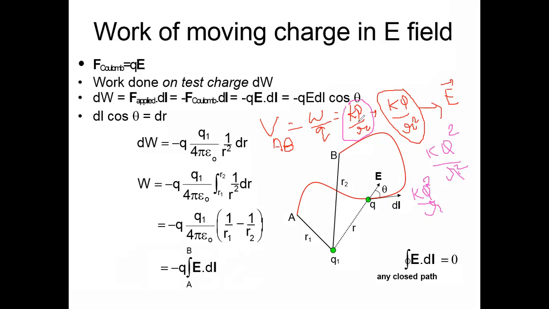These four expressions are very, very confusing because somewhere it is Q square by R square, somewhere Q square by R, somewhere Q by R, somewhere Q by R square. So please note down these four expressions very clearly. KQ square by R square is force. KQ by R square is field. KQ square by R is electrostatic potential energy, and KQ by R is electrostatic potential.